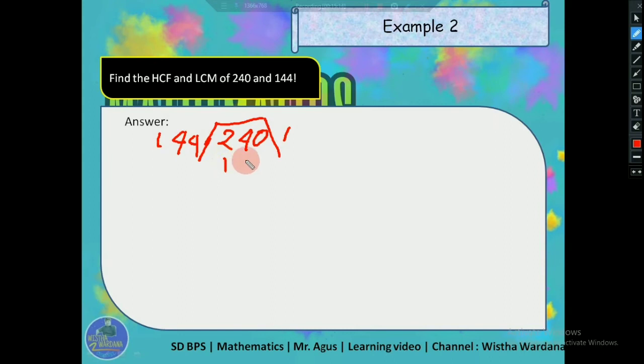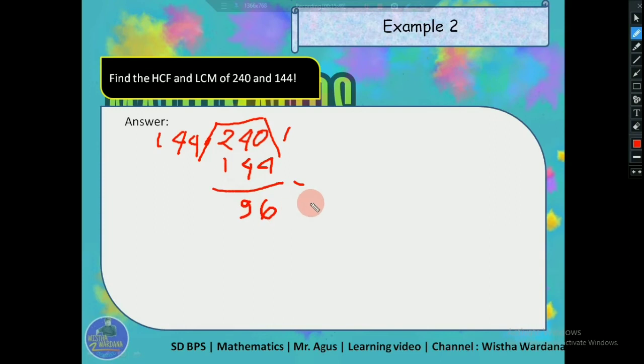So subtract 240 by 144. So the remainder is, this one is 6, and this one is 4 minus 1 is 3. 3, carry, borrow 1 ten means 14. 13, sorry, 13 minus 4 is 9.